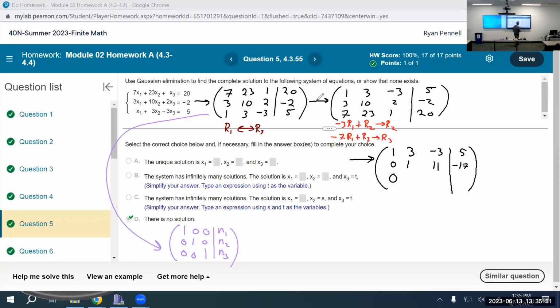Now row 3. -7 times row 1. So -7 times 3 is -21 plus 23 is 2. -7 times -3, +21, 22. Then -7 times 5, -35, plus 20 would be -15.